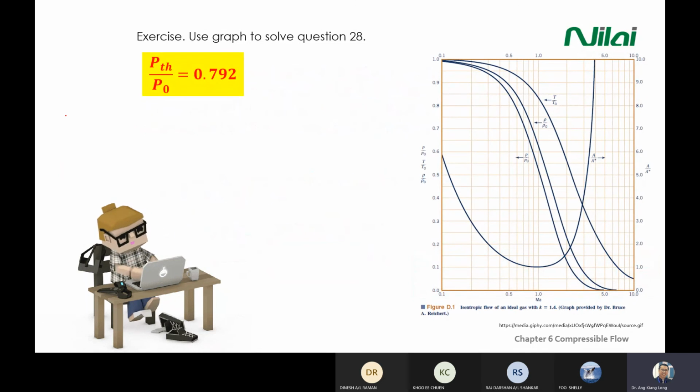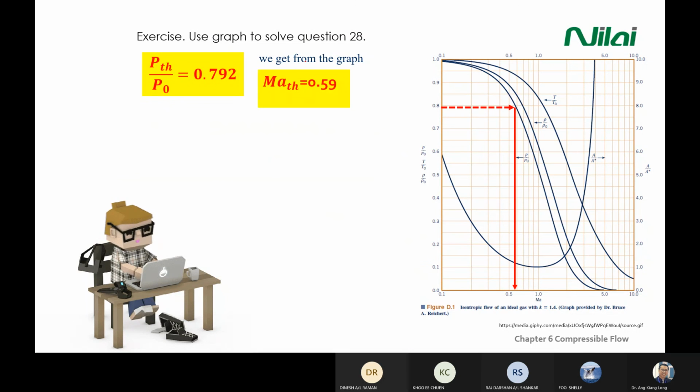Solve using this graph, you get P throat ratio, this one, Mach number equal to this one. So once you find the ratio of P, move from the left, touch the first line, move down, you get the Mach number at the throat there. This is how you apply the graph. Then you move up a little bit, extend the graph.